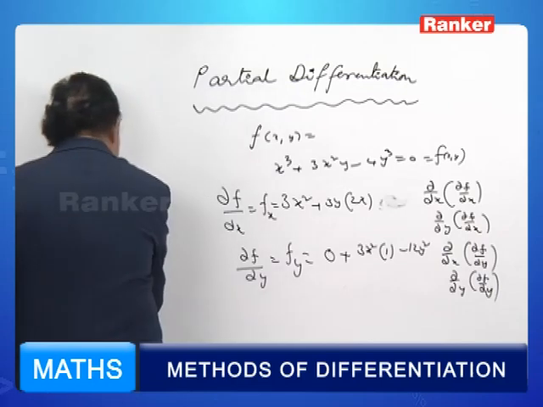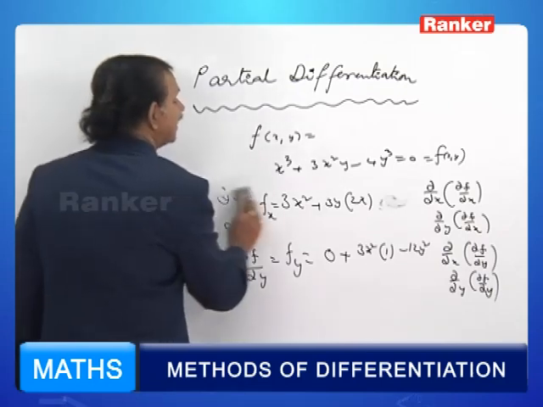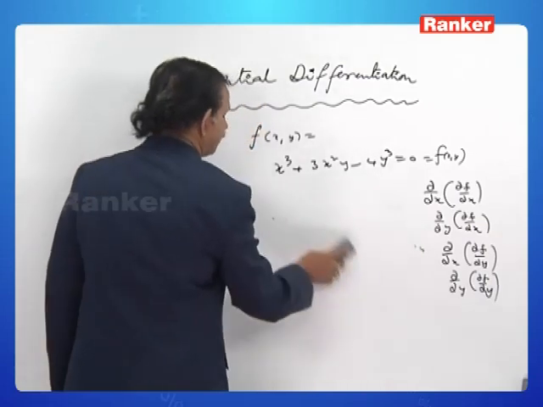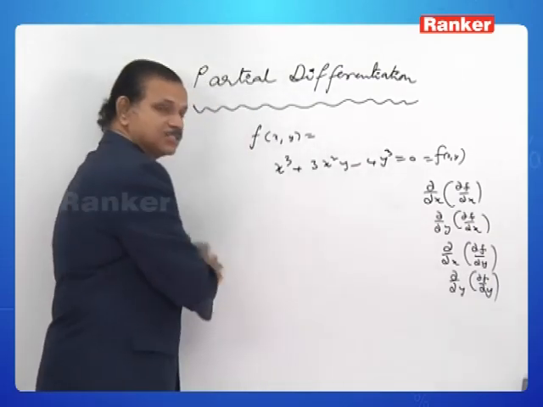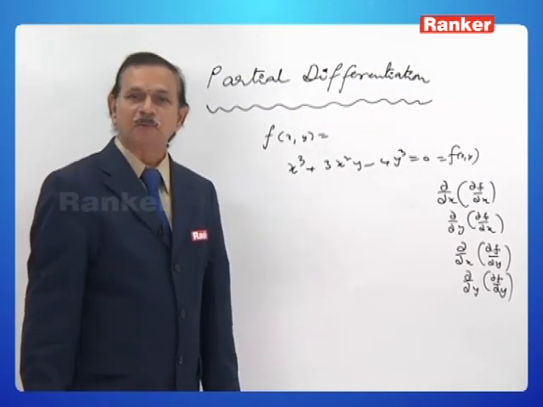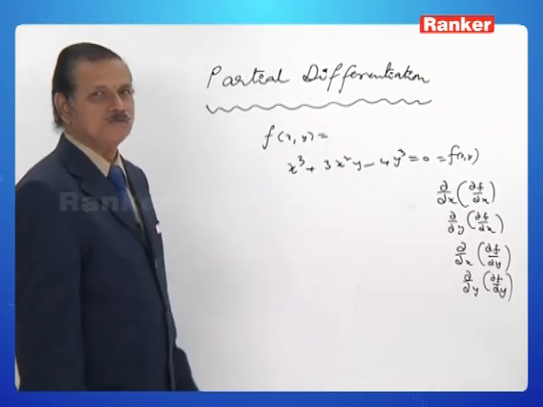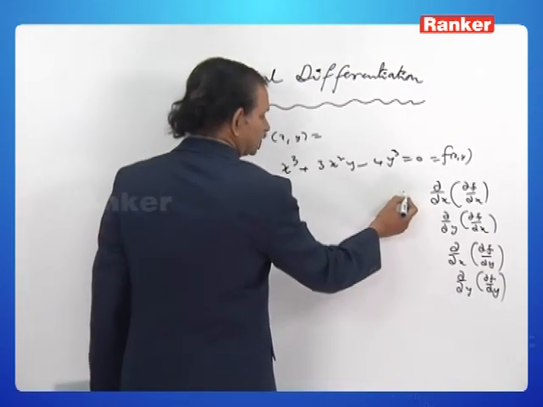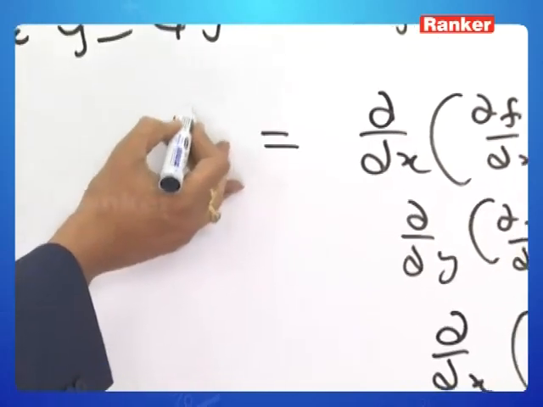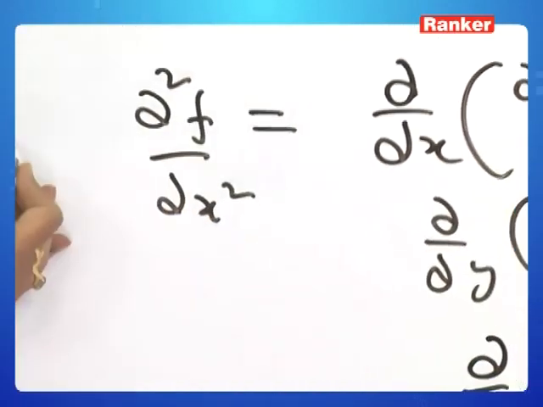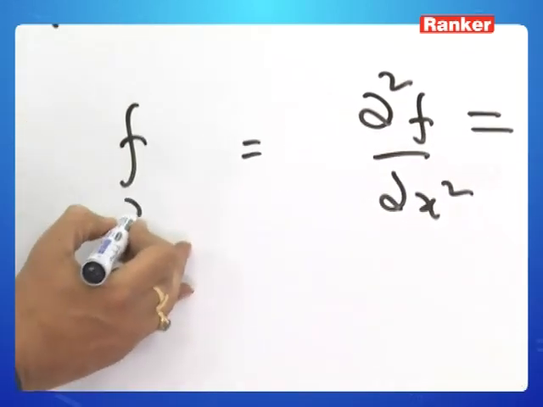But let us first know the symbolism, and then later on we shall make use of those things in our numerical problems. First of all, know the symbolism to represent those partial derivatives, and later on we use them in numerical problems. This is also written as dou square f by dou x square or fxx.